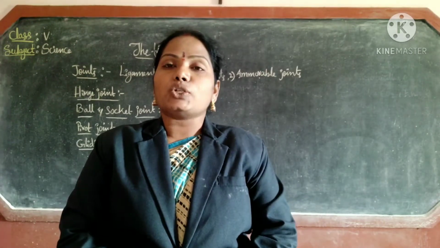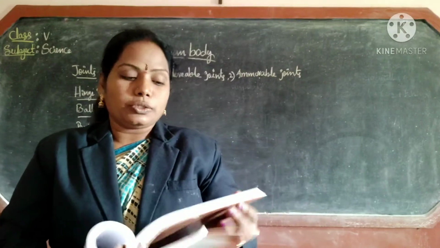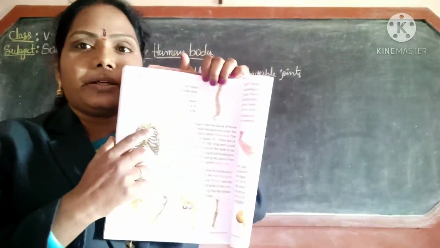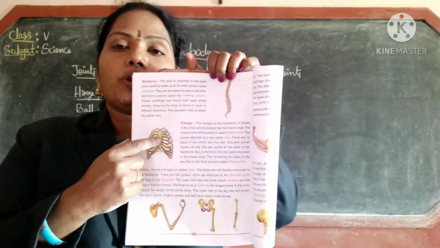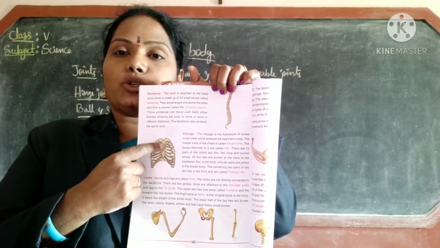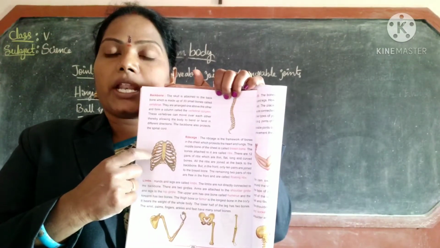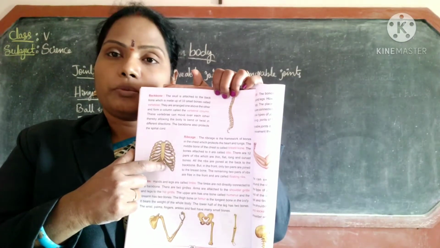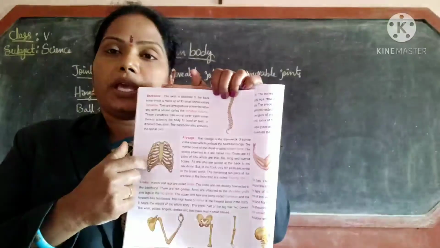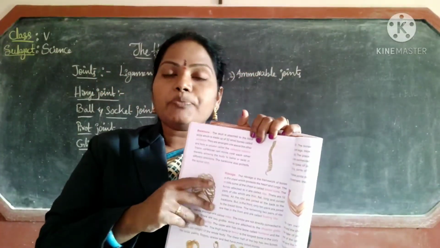They are attached to the breastbone, the front bone, so that is called the breastbone. Here 10 pairs of bones are attached to the breastbone and the remaining one pair is floating ribs.